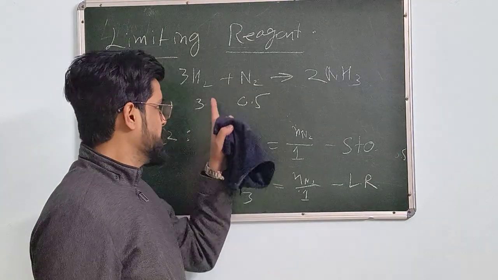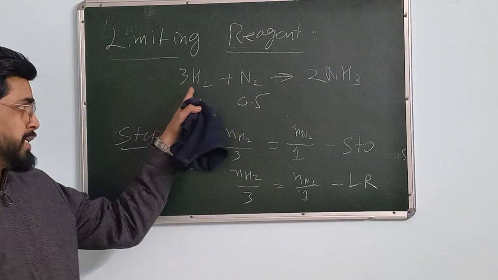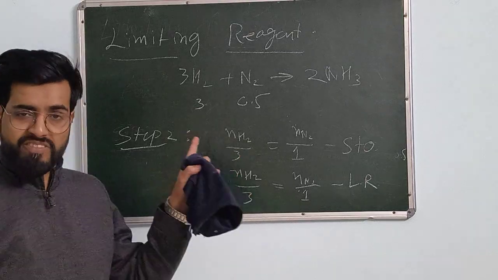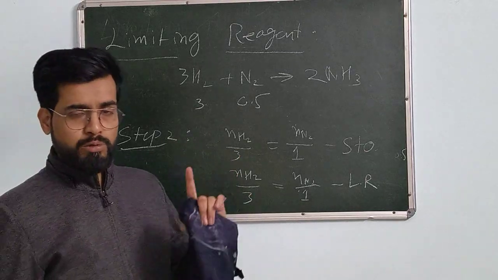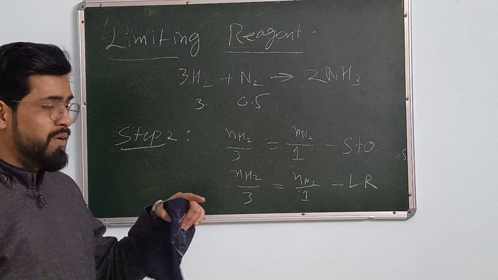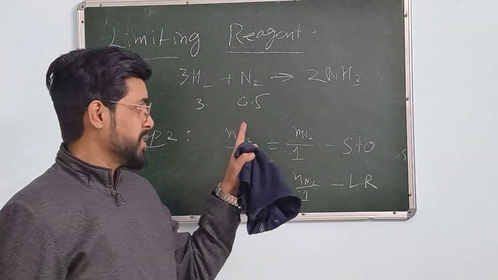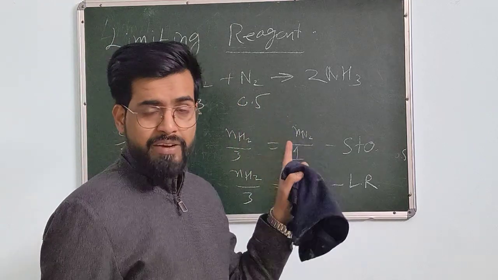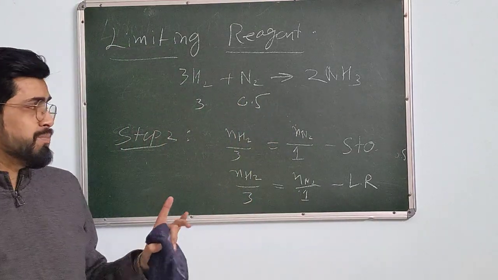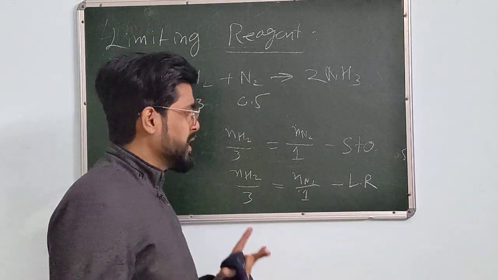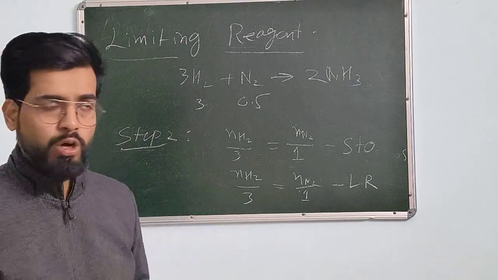If we take the moles of one reactant divided by its stoichiometry, and the ratio is equal to the moles of the other reactant divided by its stoichiometry, then the problem is related to stoichiometry.